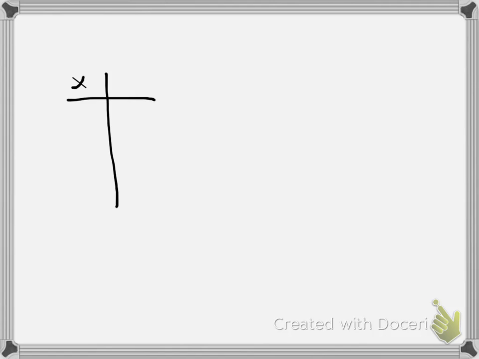Now, I do want to look at this table with you real quick. Okay, I'll give you a second, and I want you to try to determine whether or not this is linear or nonlinear, and then we'll look at it together. Okay, so I'm going to do it the same way I did the last two.